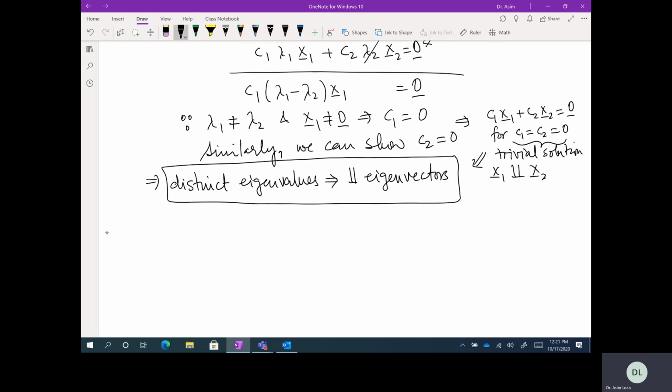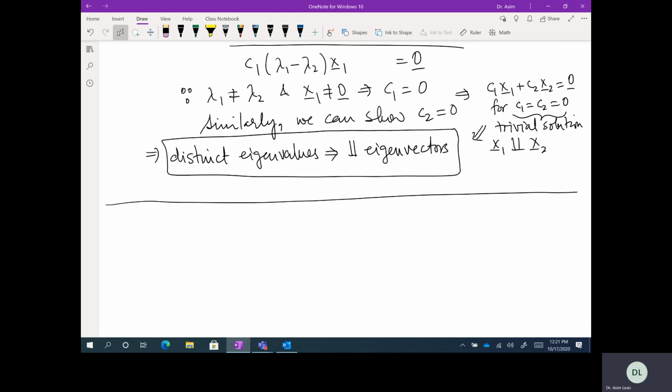Okay, so let's do some examples and show this is indeed true. The example that we did on projection, let me recall. A equals half, half, half, half, and this is a projection matrix.